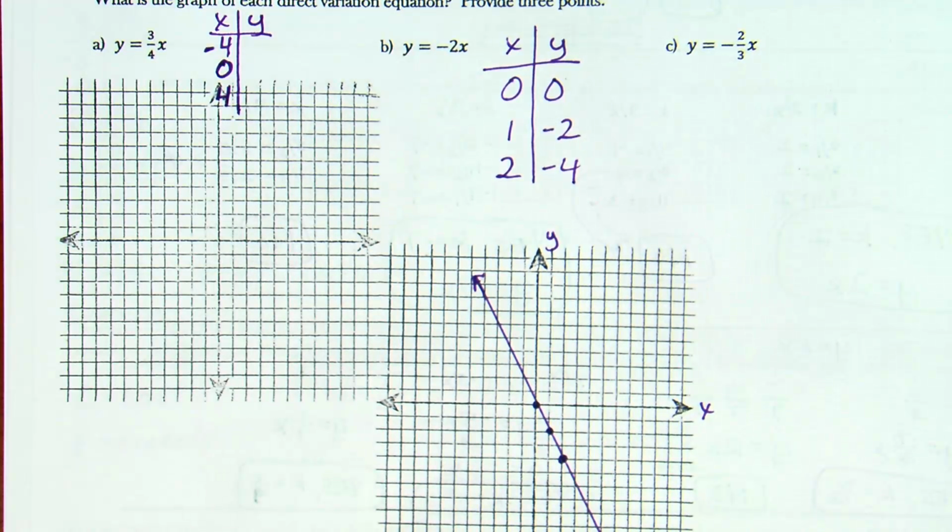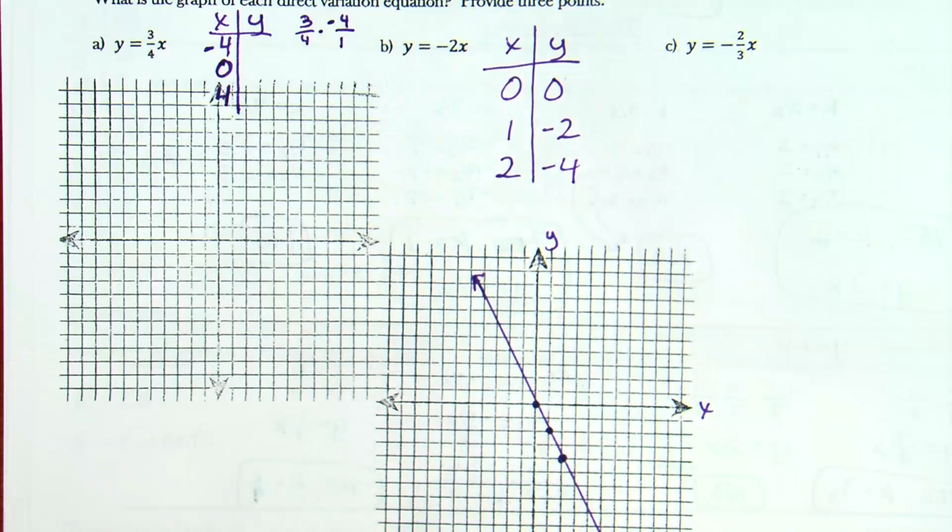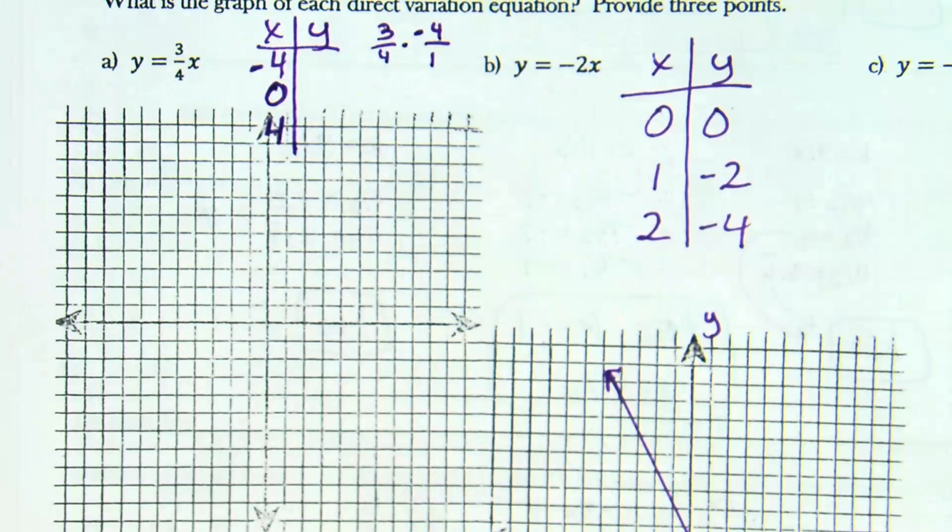So now, let's review. 3/4 times negative 4 is a fraction. What is negative 4 as a fraction? Negative 4 over 1. Can you guys see that? I could zoom in some. Some of you are going to multiply that and say, okay, I have negative 12 over 4, and then you're going to divide it.